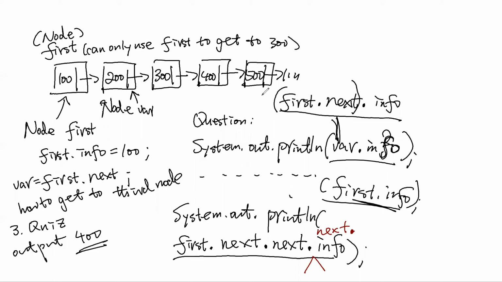So just think about it: if you have first, of course you can access all of the remaining nodes, but you need to keep having .next. Is it going to be efficient? If you have 1 million data stored, then you have 1 million .next. That's not going to be a good programmer. Google won't like this.